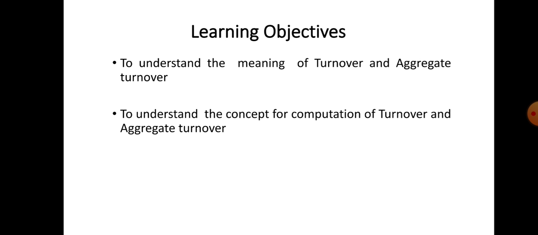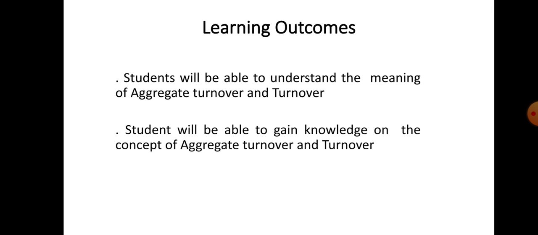The learning objective is about the meaning of turnover and aggregate turnover, and also to understand the concept for the computation of turnover and aggregate turnover. The outcome is that it helps students understand the meaning of aggregate turnover and have knowledge of the concept of aggregate turnover and turnover.